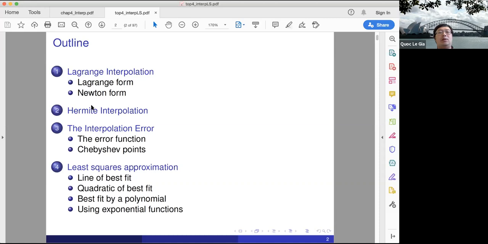The interpolation will be divided into two parts, the Lagrange method and the Newton method. Then we will study interpolation errors: what is the error between the exact function and the curve you try to fit? And then least square approximation, where we will study how to fit the data by a line, by a quadratic, by a polynomial, or by an exponential. That is the overview of the topic.